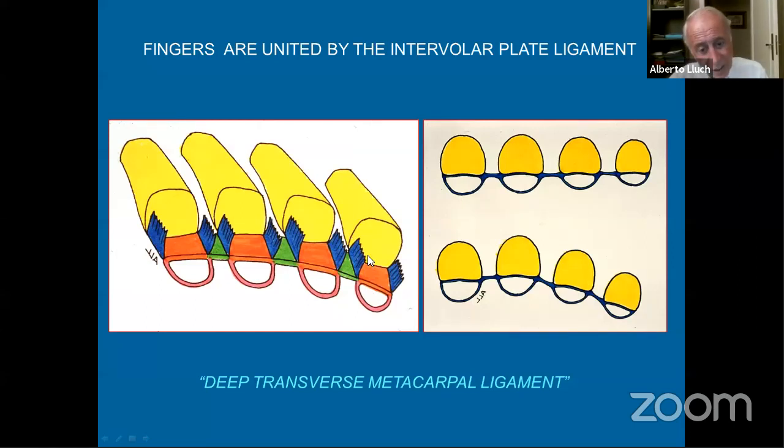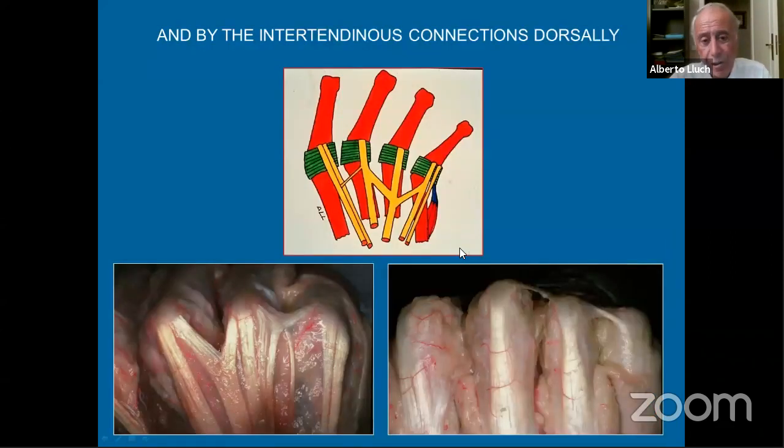So the fingers are united volarly by the intervolar plate ligament, and once we start having a dislocation of the extensor tendon of one finger, the other ones will follow, because the fingers are held together anteriorly by the intervolar plate ligament and dorsally by the junctura tendinea, which are usually quite distal. They are usually up at the level of the web space, almost at the head of the metacarpal.